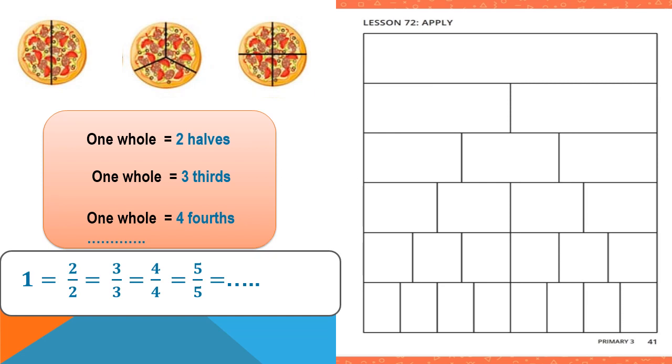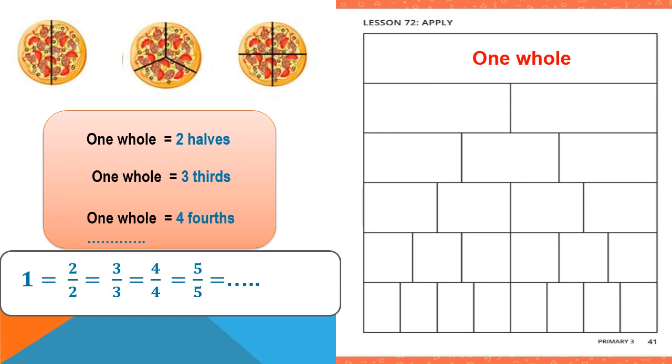Here in lesson 72, the apply part, he wants me to write the names of fractions. If we consider this as a chocolate bar, okay? The first chocolate bar is what? It's one whole. It's not divided into any parts, okay?